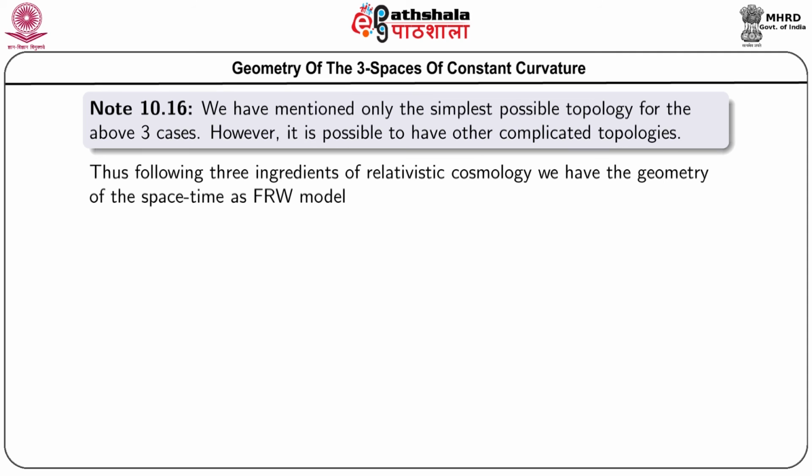Now, we shall derive the Friedmann equation for the general theory of relativity. The following 3 ingredients of relativistic cosmology: we have the geometry of the space time as the Friedmann-Robertson-Walker model.